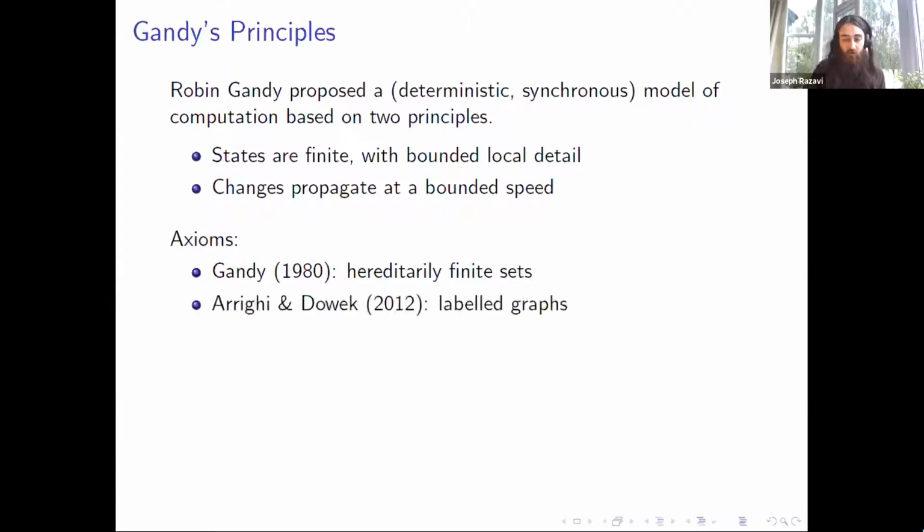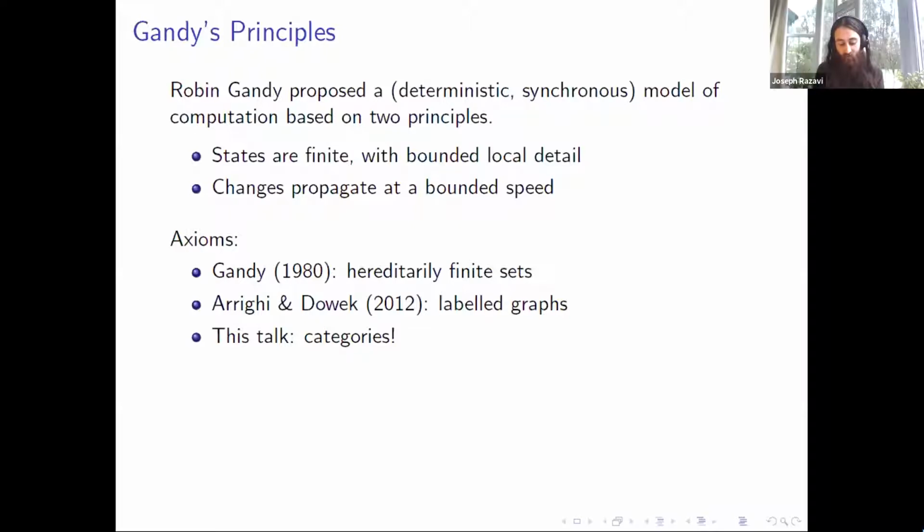So one nice example of this is Arrighi and Dowek, who use a certain kind of labeled graphs. And these are easier to work with, which means that they can conduct more detailed studies of the behavior of these kinds of systems.